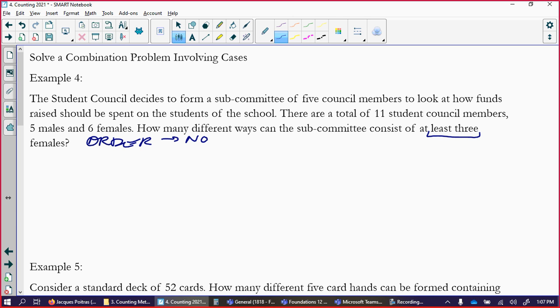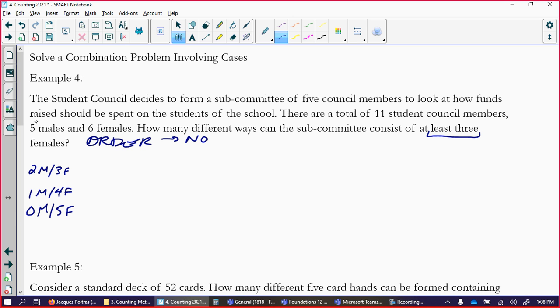No. So at least 3 females means we can have 2 males and 3 females, because the at least is the important part, 1 male and 4 females, or no males and 5 females.